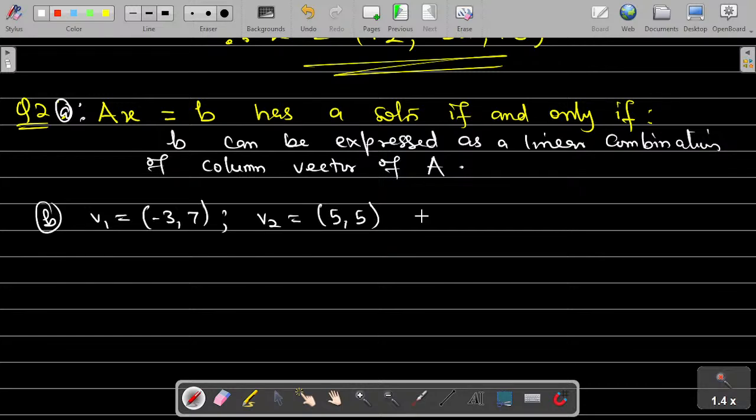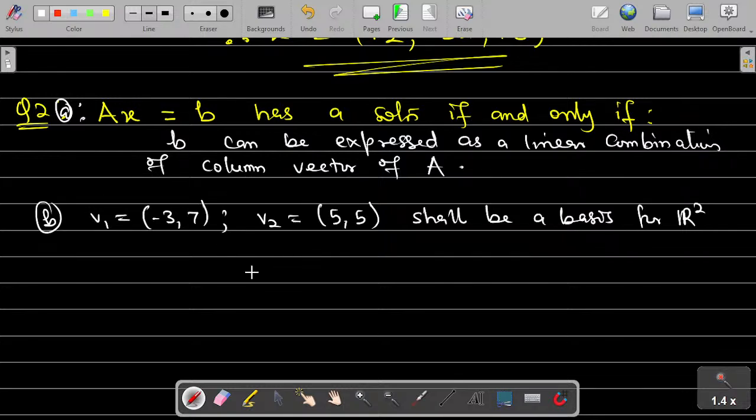And what did we say about a basis? Number 1, it should be linearly independent. Number 2, it should span R2, such that any element of R2 can be formed by a linear combination of these.